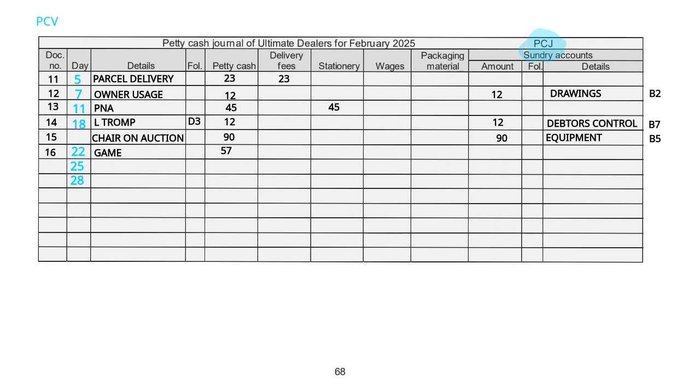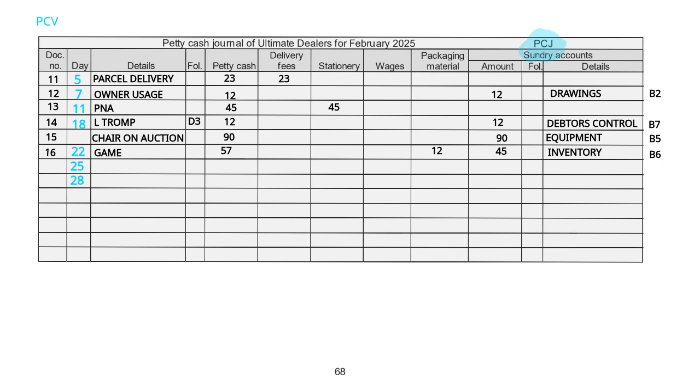But then we will split it in our various columns. 12 Rand under packing material. And 45 Rand under inventory. We don't have a column for inventory, so it's going to go to sundries. And inventory is B6.